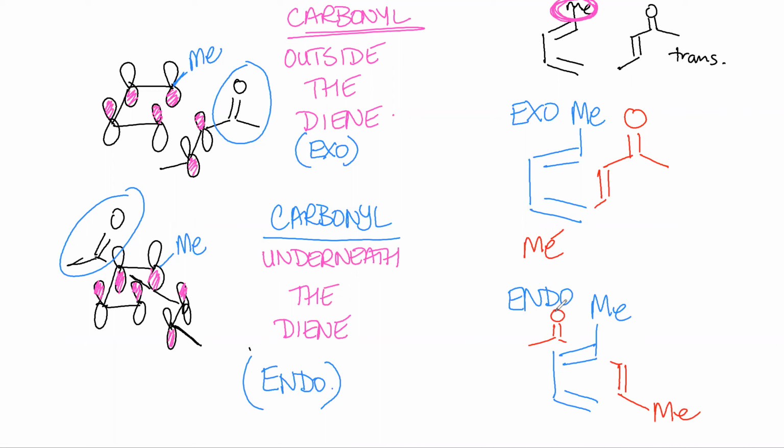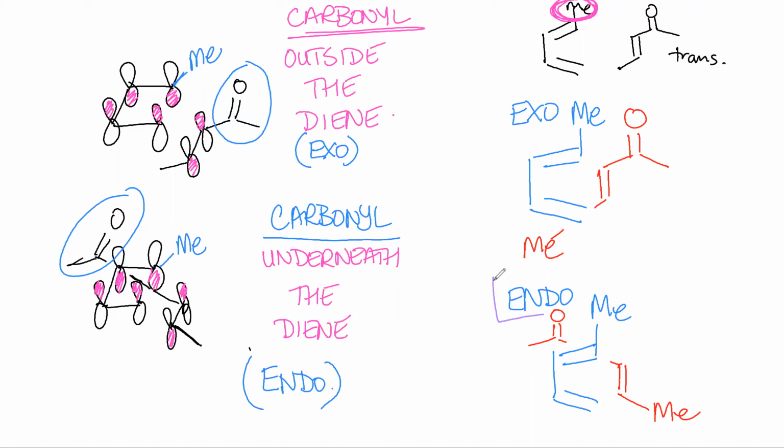And if you were to predict which one is the favored transition state, it's interesting. There are different times where each one is favored. But intuitively, most people would say, I think the endo looks probably more sterically crowded. It turns out it's the one which is typically favored. But there's a couple of factors which go into that.